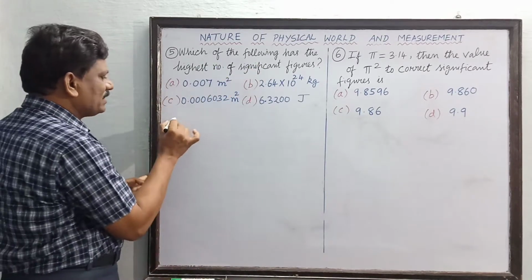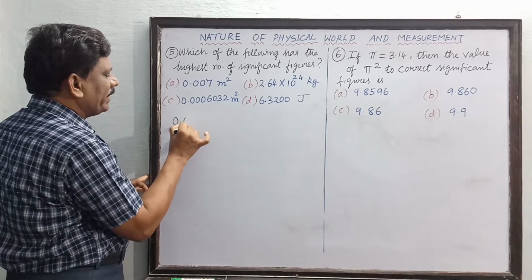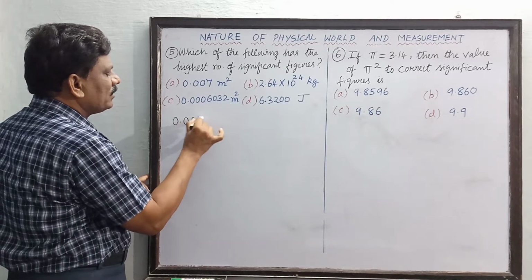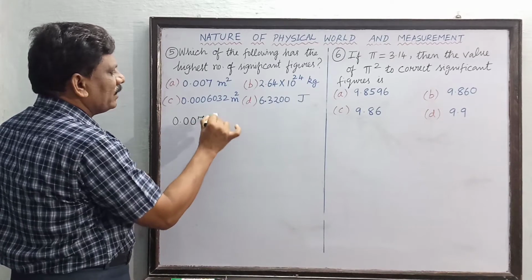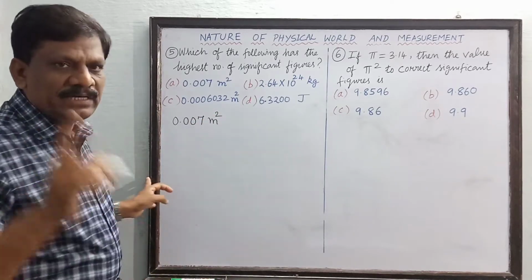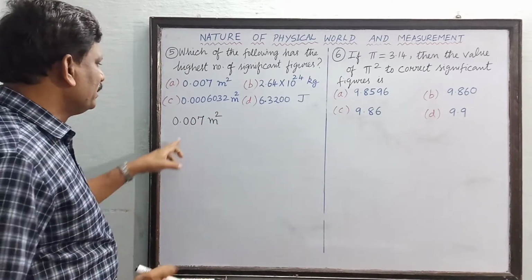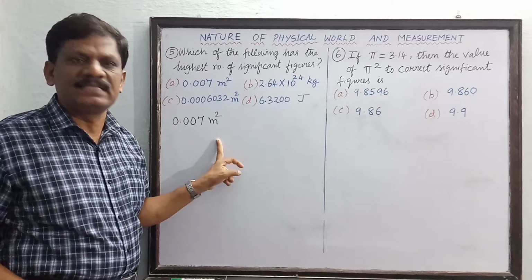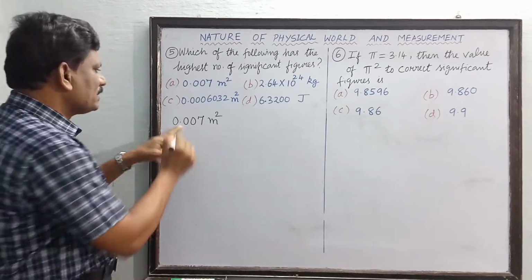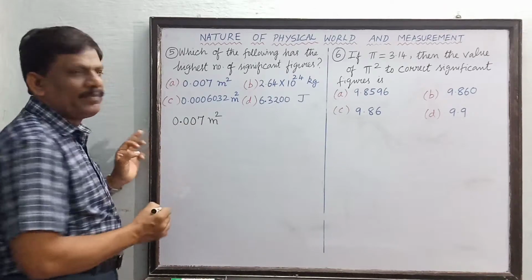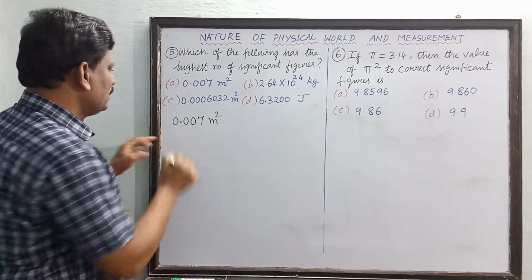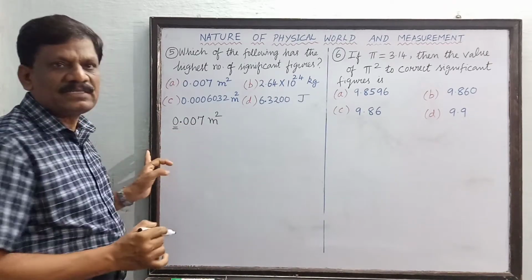So I will first take the first number, 0.007 meter square. Now we have studied one rule that if the number is less than 1, the zeros on the left side of the decimal point have no significance. So this 0 has no significance.